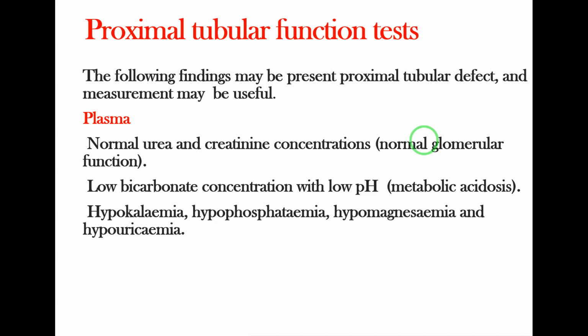There will be a decrease in phosphate, hypophosphatemia, a decrease in magnesium, and a decrease in uric acid. The bicarbonate will also be low, because it cannot be generated and reabsorbed, and there will also be a low pH. Hydrogen ion cannot be secreted, so it will remain in the body, and there will be acidosis.